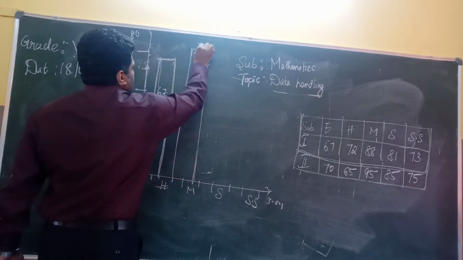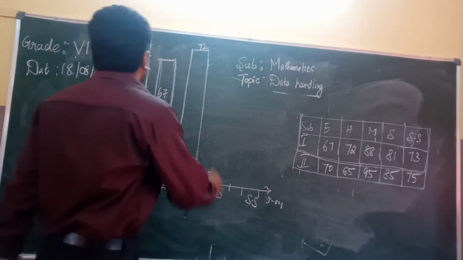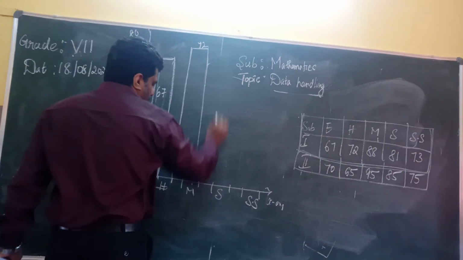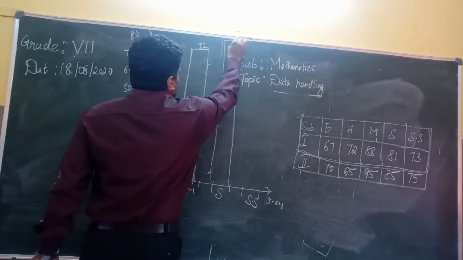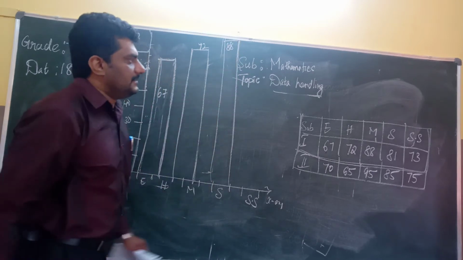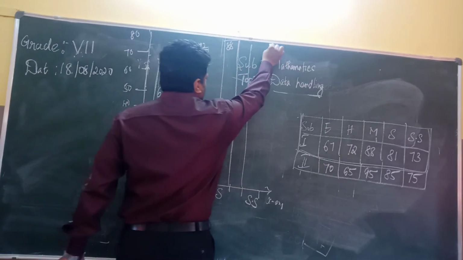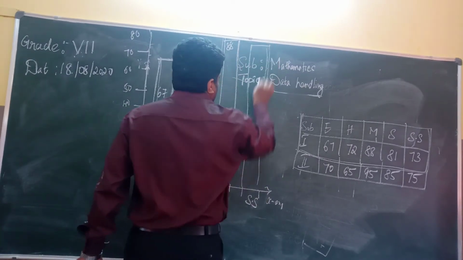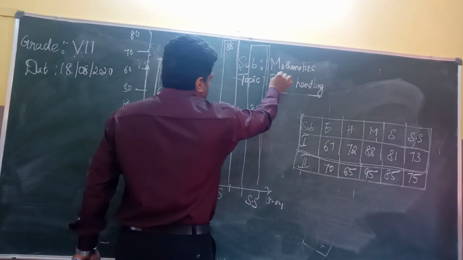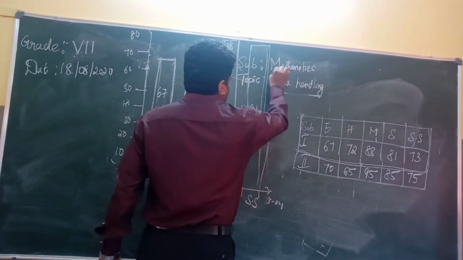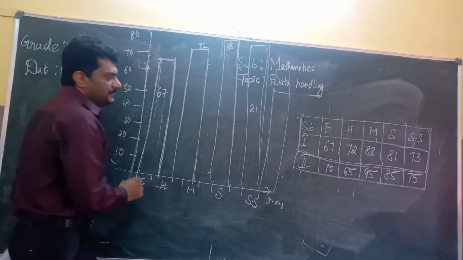Maths 88. It goes above. And Science 81. And Social Science 73. Again it comes here. Now these are the blocks of the bar graph.